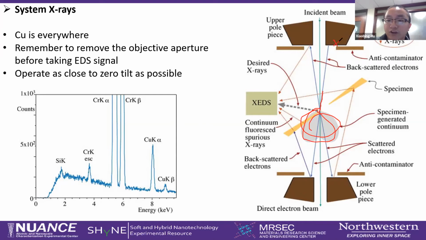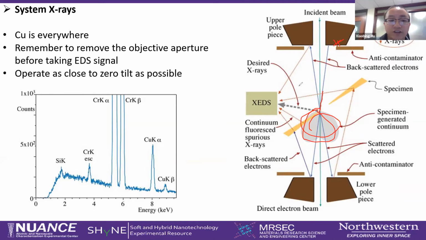For example, when it goes through the lens, you will see the copper signal. The lens contains iron, also cobalt, also some nickel, also copper. So that's why you will see many artifact signals.